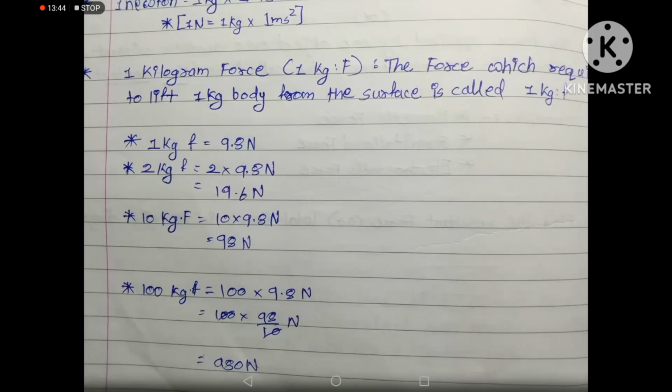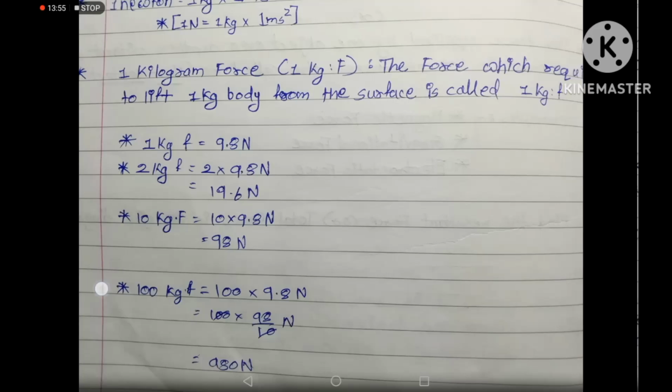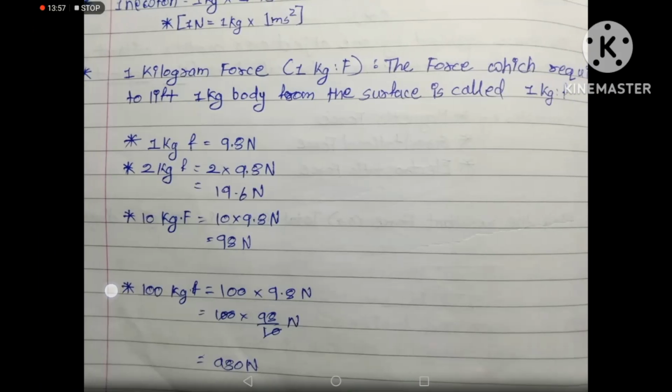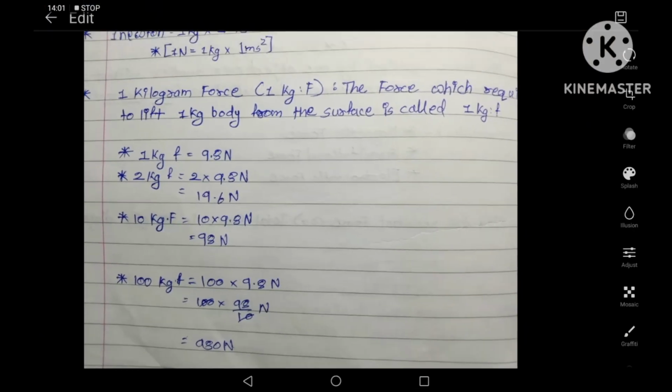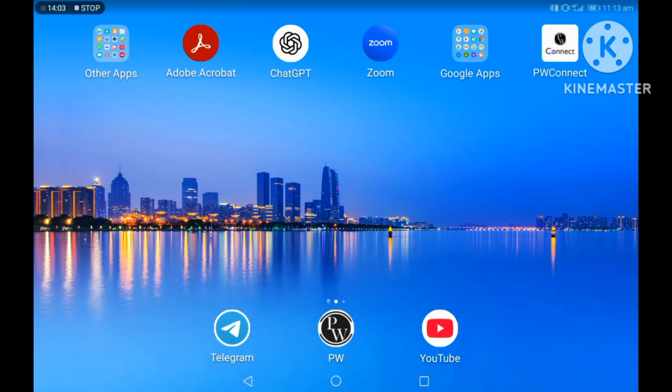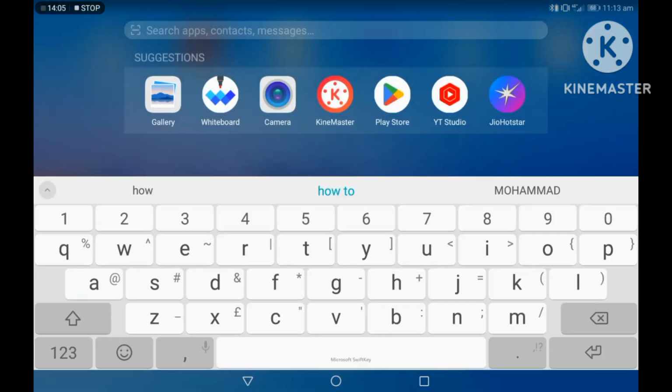Here, for 10 kg force you have to find it the same as given above: 10 multiplied by 9.8 Newton, which is equal to 98 Newton. You can find the 100 of it. So it's a quite easy topic, so you can understand it very simply.